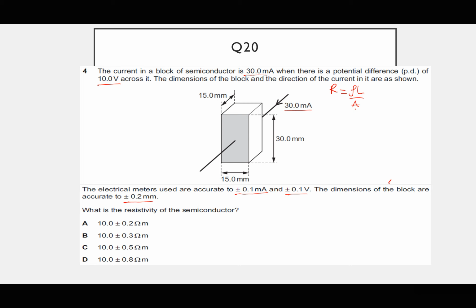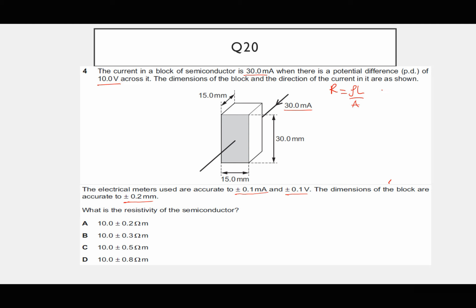So to begin with, they have given us the current in a block of a semiconductor when there is a potential difference V across it. So this is going to be our cross-sectional area. The dimensions of the block are that.